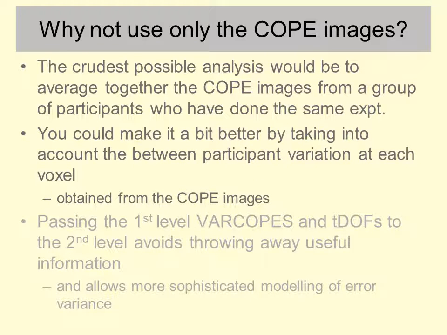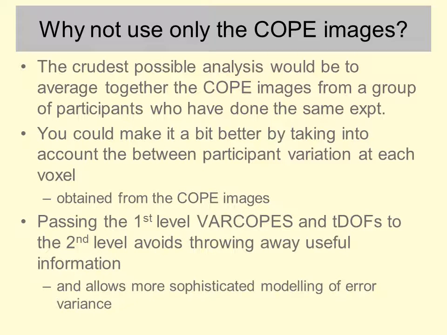You could take it a stage further by looking at the between participant variation in each voxel, as well as the mean activation level. And indeed that is a useful thing to do, as we will see when we move on.